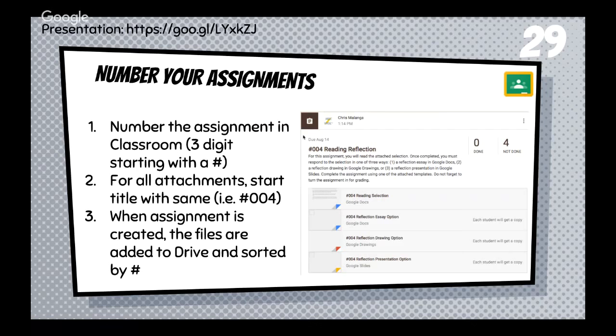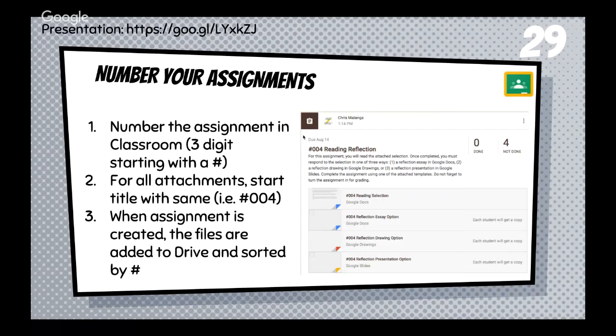The reason we want to do that is we want to organize, and the best way to organize assignments or to sort is to have a 3-digit code. The reason we want to use the hashtag or the pound sign is so that when we're searching, so if I want to look for assignment 004, I just go in the find, and if I put that hashtag 004, it'll give me all the assignments and all of the files that are labeled that way.